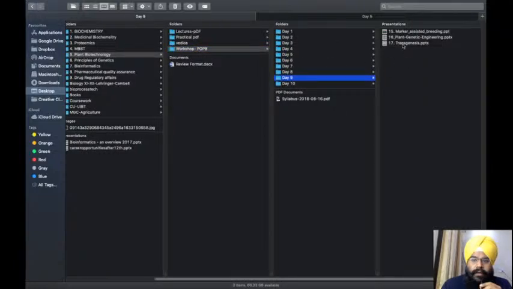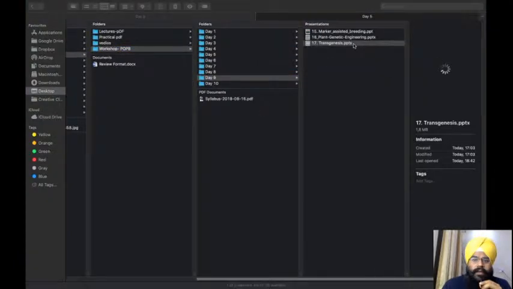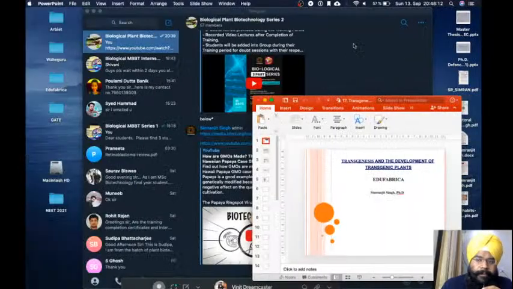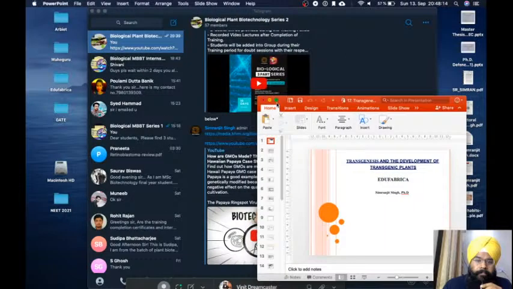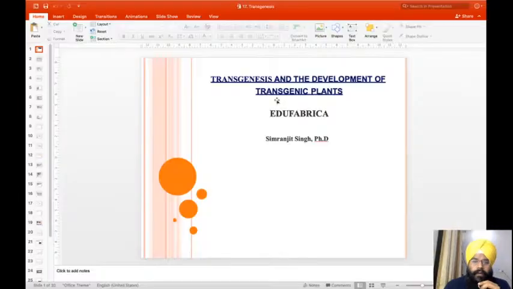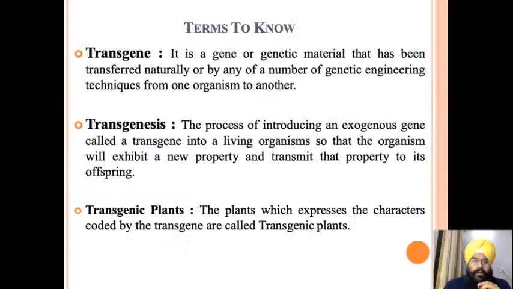Day 9: Transgenics. So what is a transgene? It is a gene or genetic material that has been transferred, naturally or by any number of genetic engineering techniques, from one organism to another.